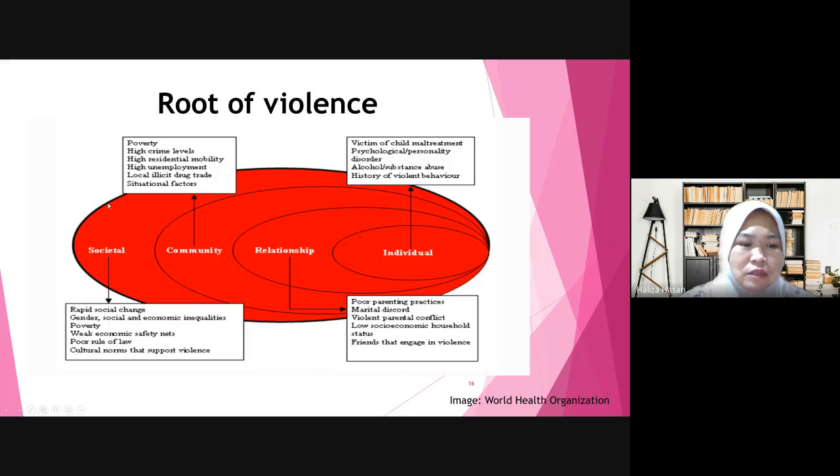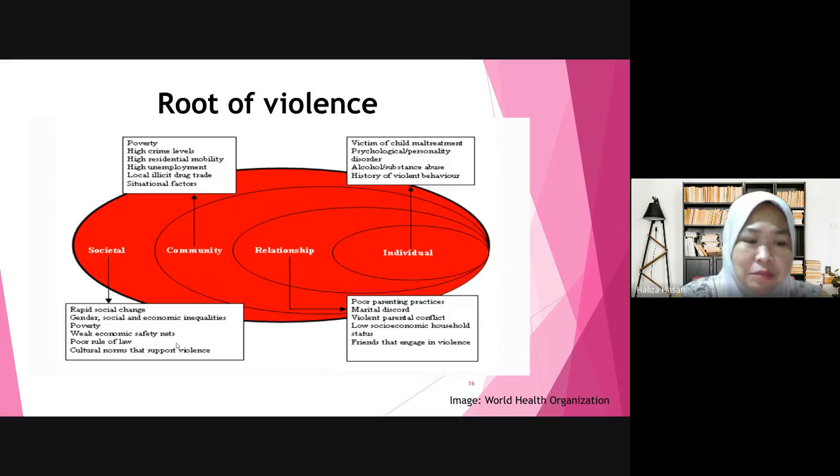Okay, and then societal: rapid social change, gender, social and economic inequalities, poverty, weak economic safety nets, poor rule of law, and cultural norms that support violence. Sometimes the culture at that particular place supports it. So they feel like the man has a right over the woman.